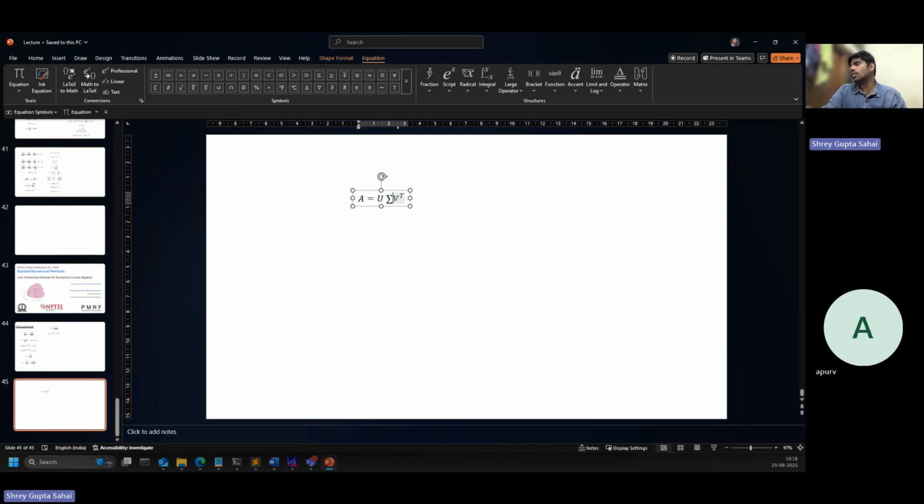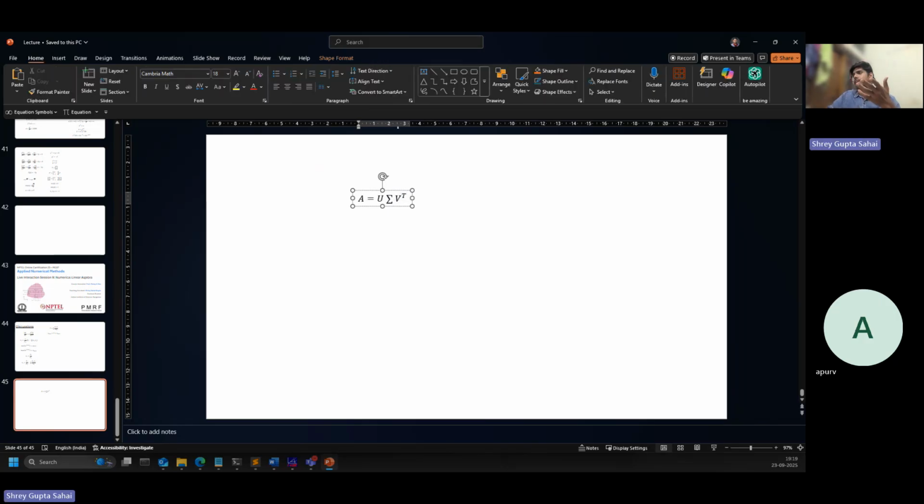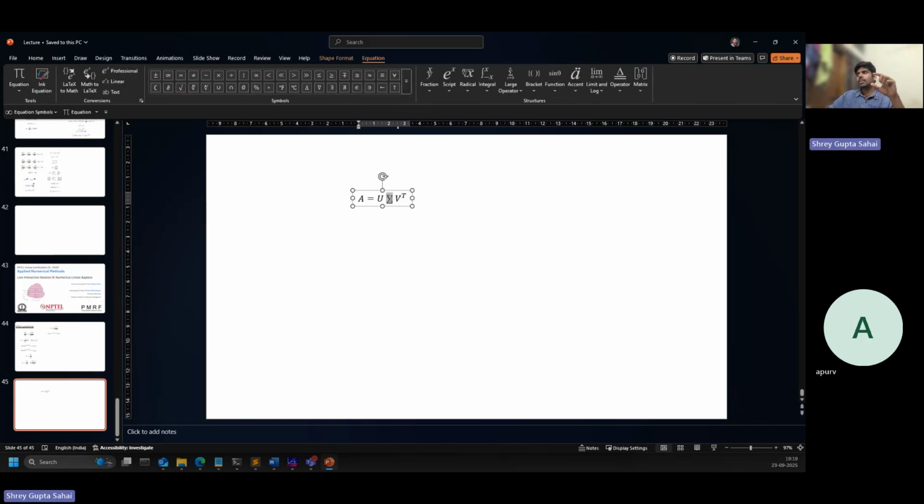U is an orthogonal matrix. Sigma is a rectangular diagonal matrix. V transpose is the transpose of V. V is also an orthogonal matrix.